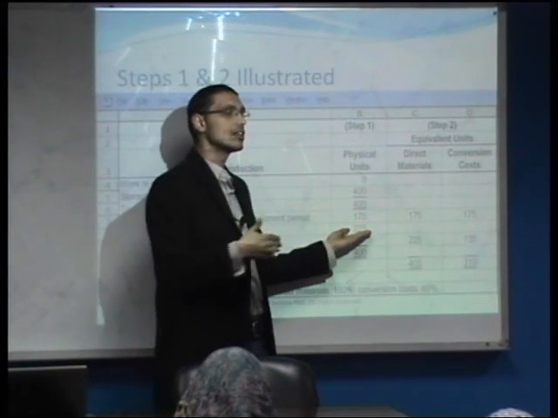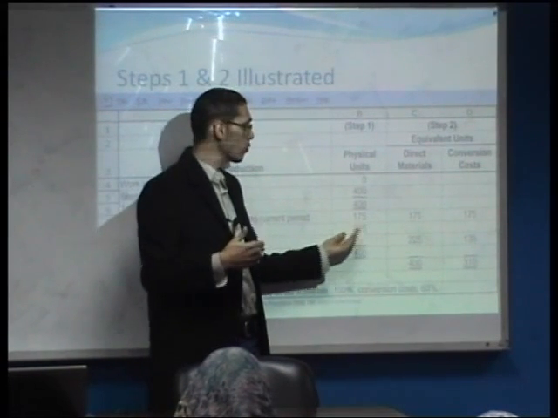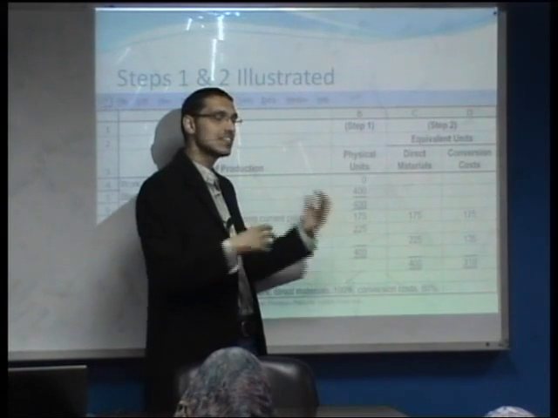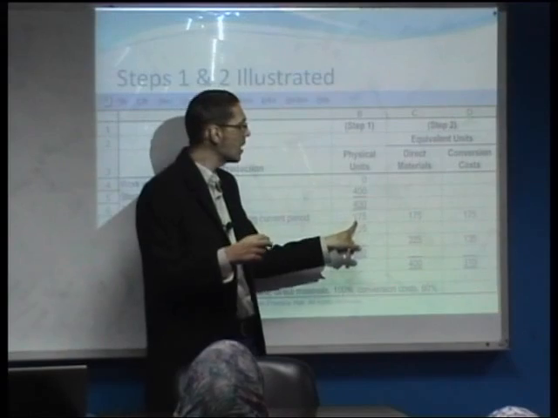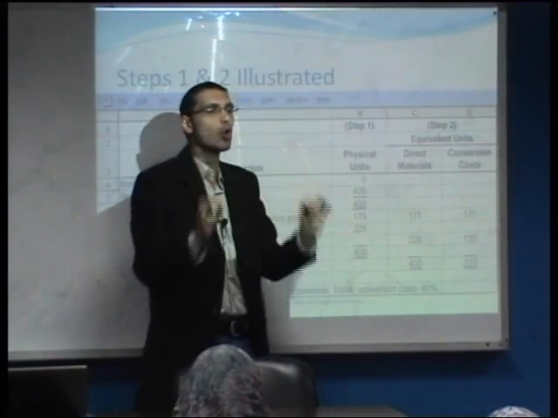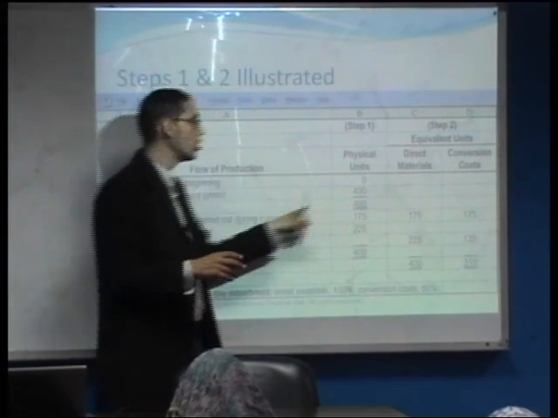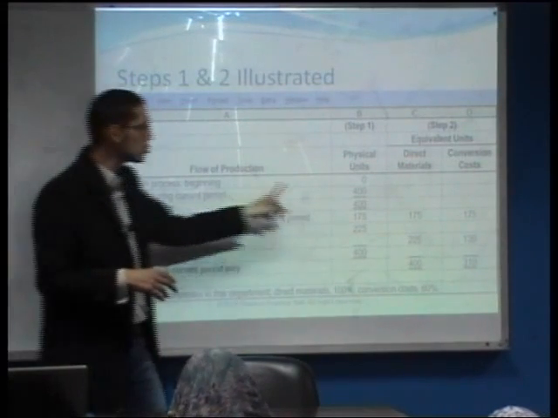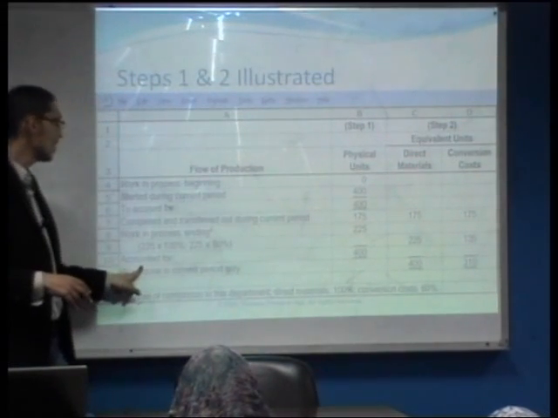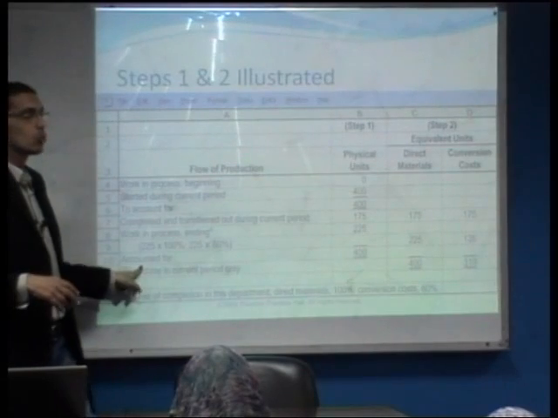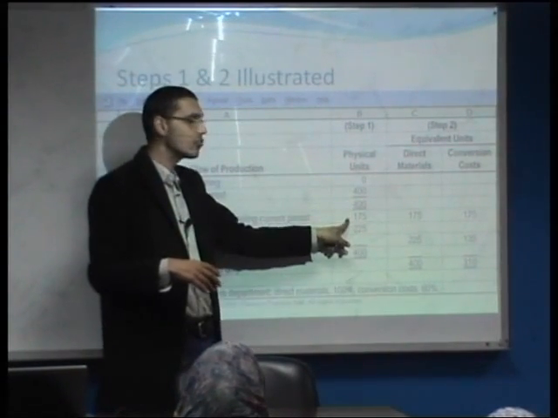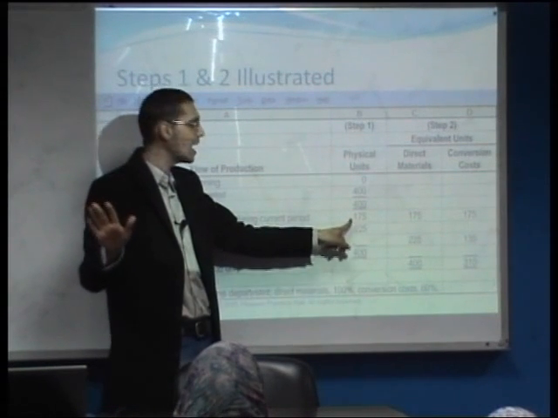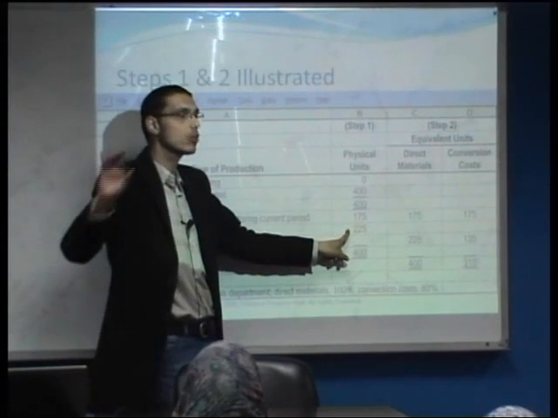The addition of these 2 amounts, the 175 and the 225, must always equal the total to account for, which is 400. The 400 were distributed as follows: 175 completed and transferred out, 225 as ending work in process.